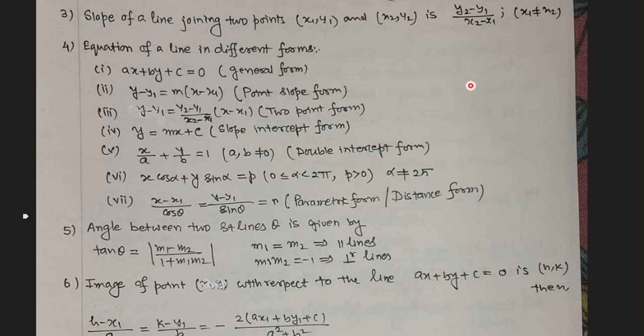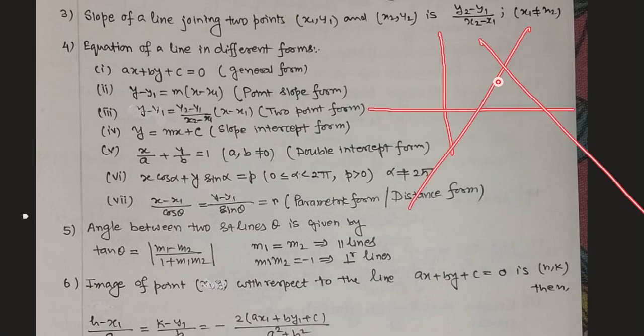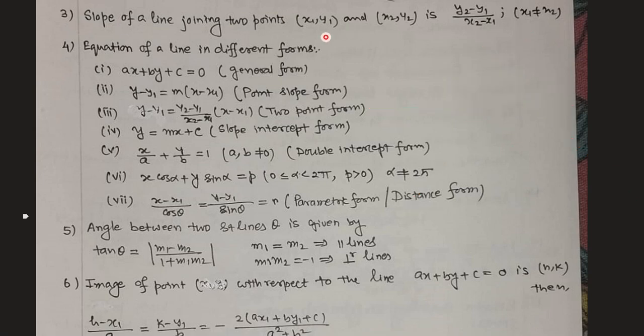Now we are going to illustrate the value of the angle between two lines. Suppose we are going to calculate the angle between the two lines. We take a diagram like this one: this is theta, this is theta 1, this is theta 2. Then theta plus theta 2 is equal to theta 1.